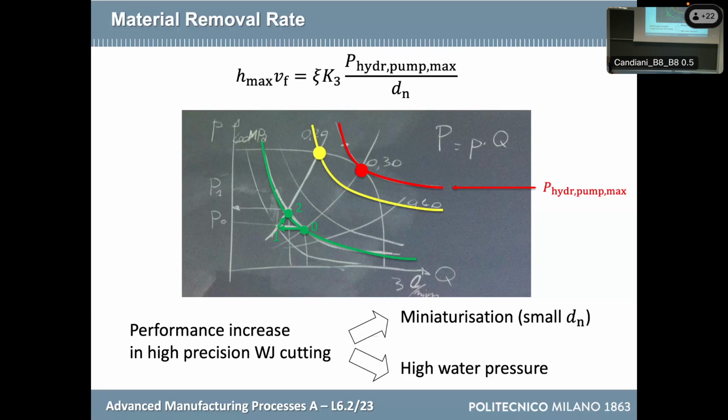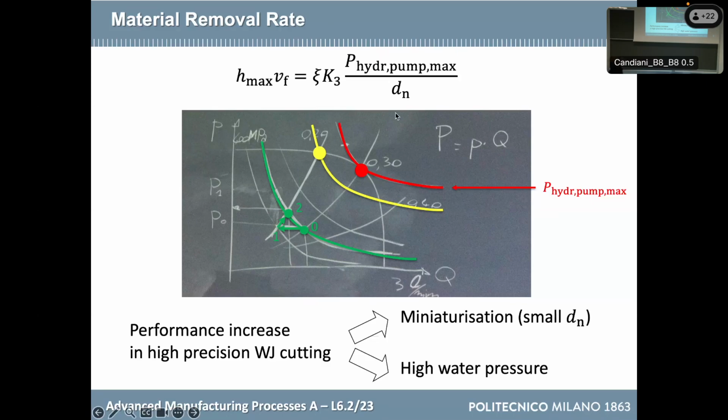As usual, we want to play on the levers of our process, and the pressure is a lever, a variable that I can decide for. But I cannot do that, because my pump is not able to achieve the pressure needed for getting back to the red power. So I have no solutions.